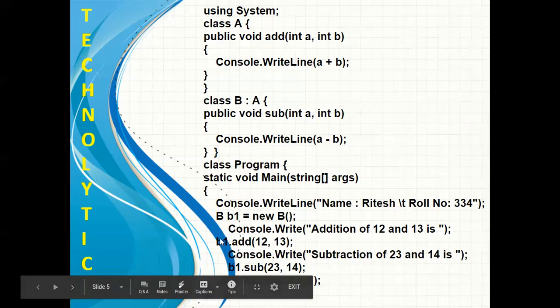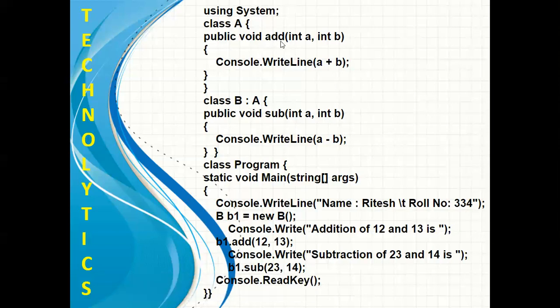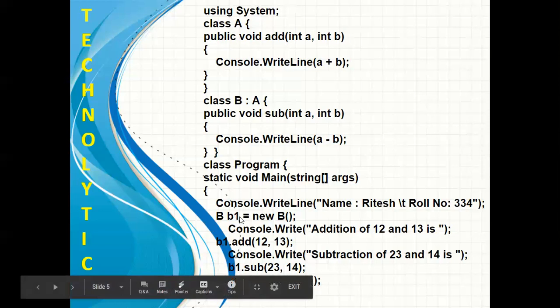We can easily call this add method from this B object, that is B1, by passing two integer values. Why? Because in class B we have inherited class A. So whatever methods or fields are there inside class A, we can easily use from class B. So the B1 object of class B can easily call this function add.